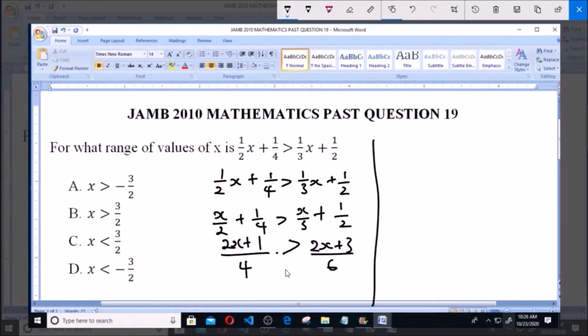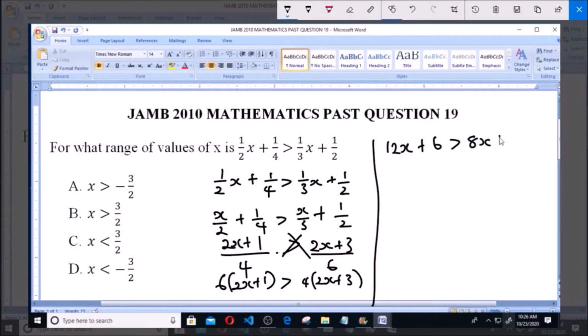So now from here we can cross multiply. By cross multiplying we have 6 into 2x plus 1 greater than 4 into 2x plus 3. Now opening the bracket, we have 12x plus 6 is greater than 8x plus 12. Collecting like terms, we have 12x minus 8x is greater than 12 minus 6.